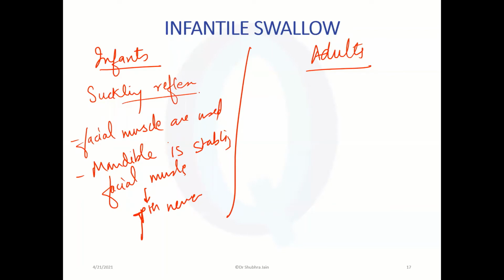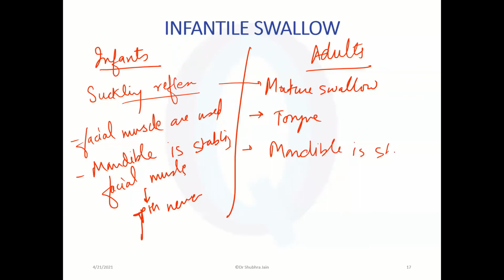But when this suckling reflex is gone and a mature swallow takes place, facial muscles are not used for swallowing. The tongue is used for swallowing, and the mandible is stabilized by the trigeminal nerve.